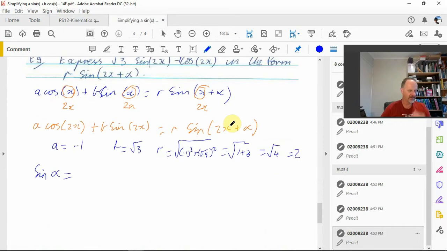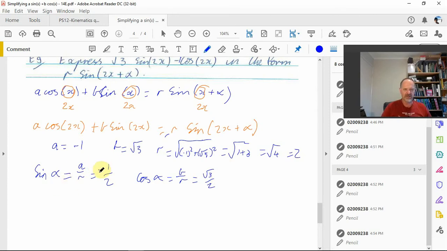The sine of alpha is a on r, which is negative 1/2. And the cos of alpha, as it's used in this particular one, is b on r, which is root 3 on 2.